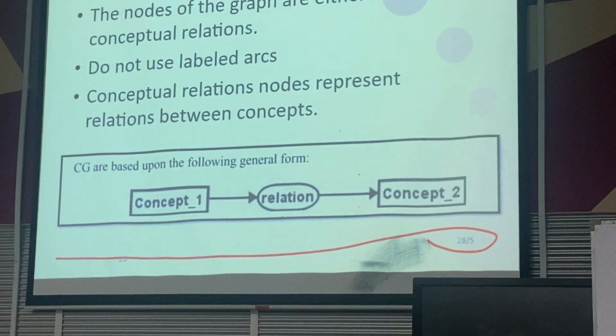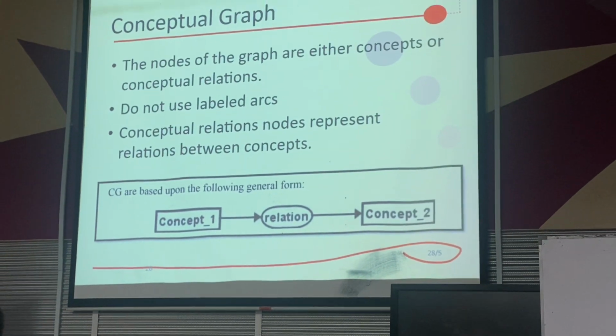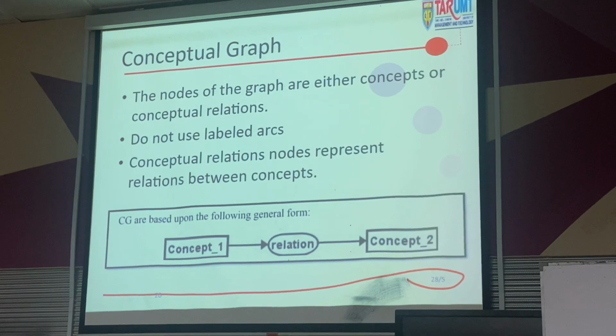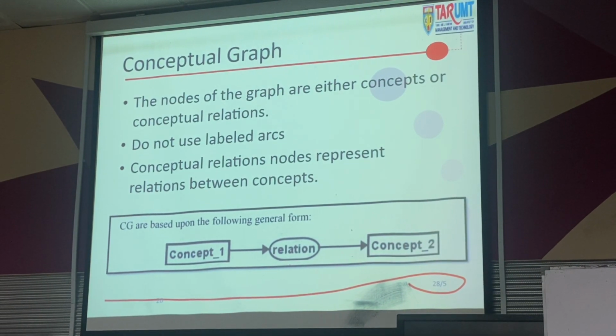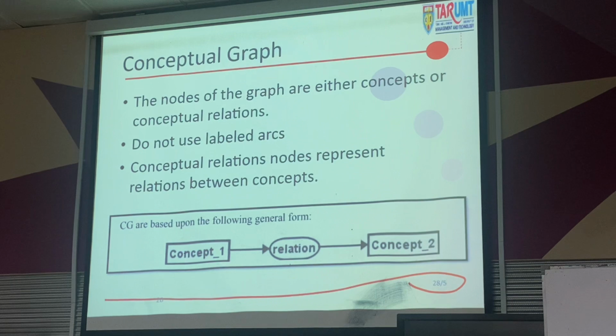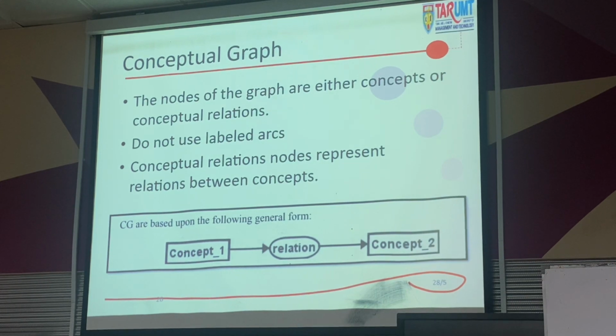One of the main differences between the conceptual graph and the semantic network is the node. Right. Just now we had a node to represent the so-called concept, and then we had an edge here to show the relationship. By using the conceptual graph, we want to transform this into this. Okay, Ronaldo, team, Real Madrid.